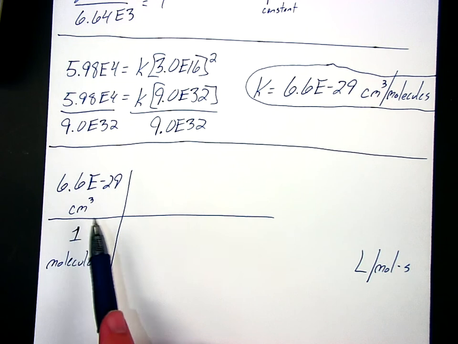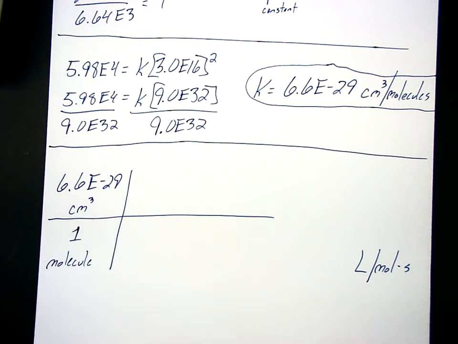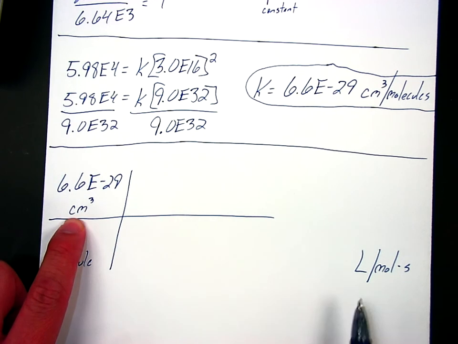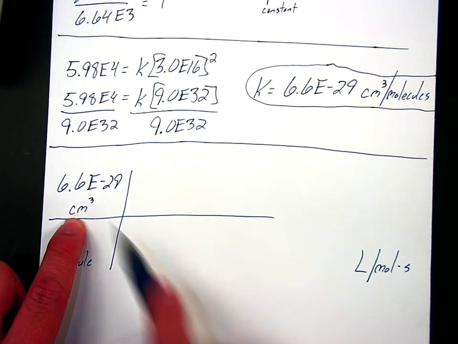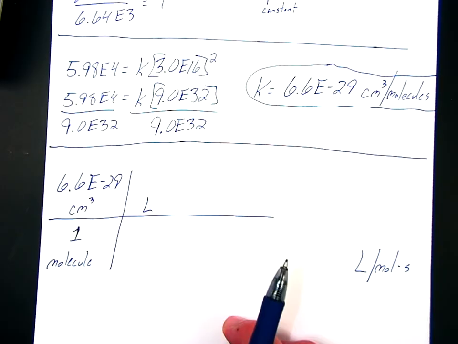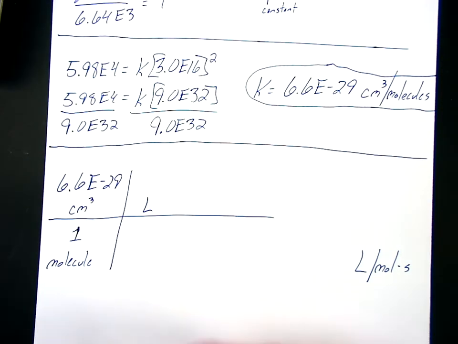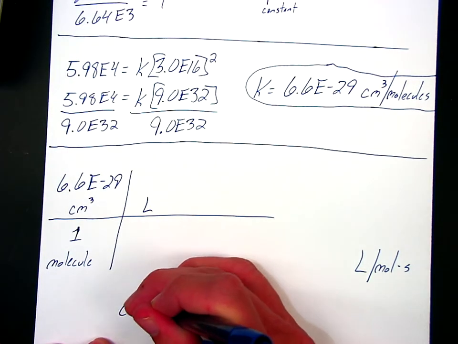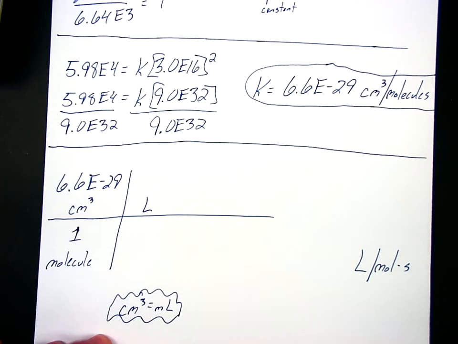So we very simply just need to fill in all of our conversion factors in order to get there. Let's do some simple conversions. We don't want centimeters cubed, we want liters, so we can go directly from centimeters cubed to liters. A little bit of info that you may or may not know: centimeters cubed is the same thing as milliliters. That's just handy math knowledge.